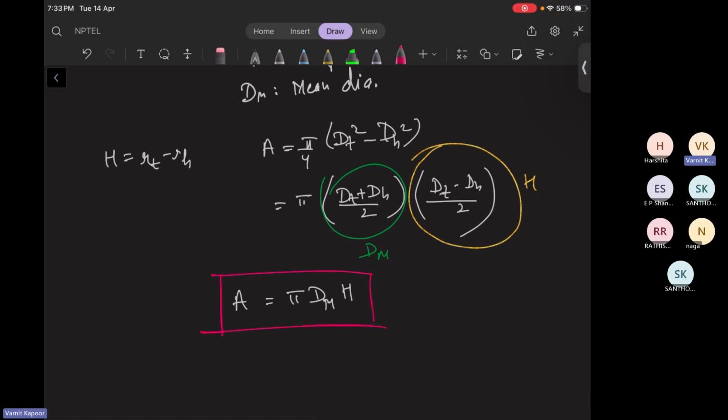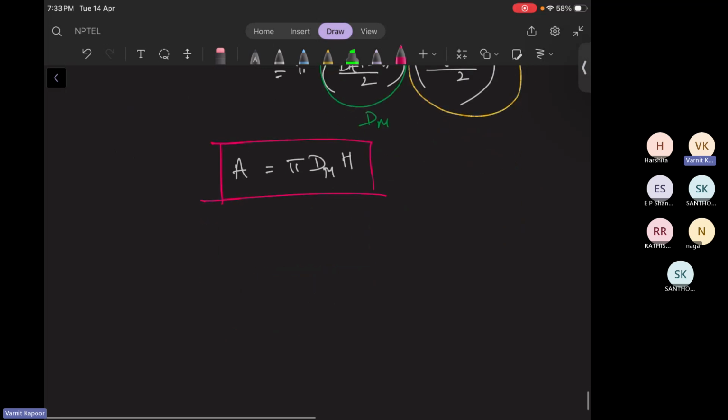So you need to have the mean diameter and the height of the blade. Let us write a few note points here. The first note says, in an axial flow compressor, the fluid enters and leaves in the same direction. So that means your u1 and u2 velocity will be the same, and it will be equal to pi into mean diameter into rpm by 60.